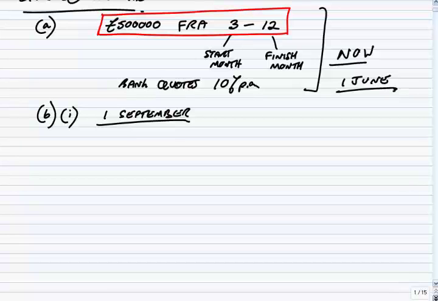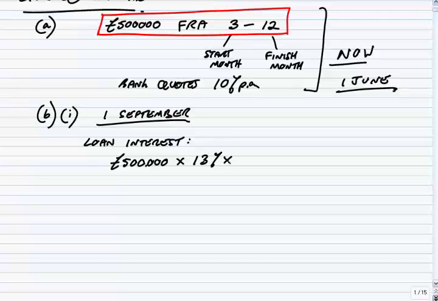Well, the way it actually works is, although we will end up paying this fixed rate of 10%, it's almost as though you've got two departments in the bank. On the loan itself, we pay the actual interest rate. And so when we actually take the loan, it's $500,000. The actual interest rate that they're charging on the 1st of September is 13%.